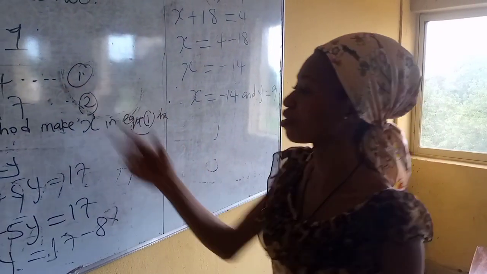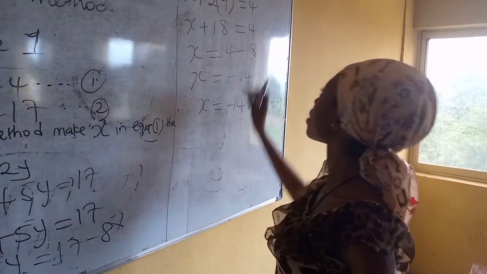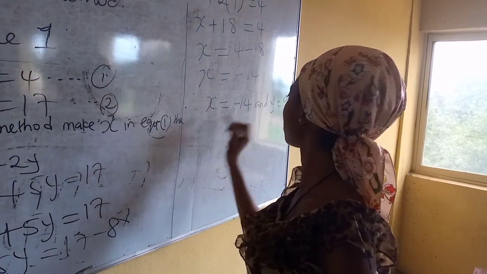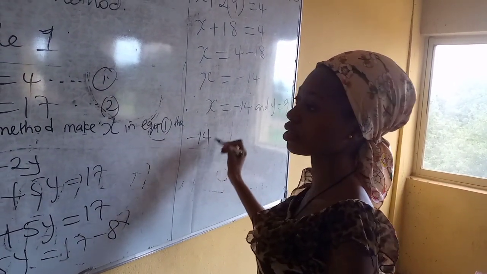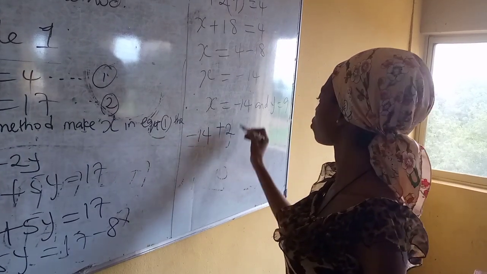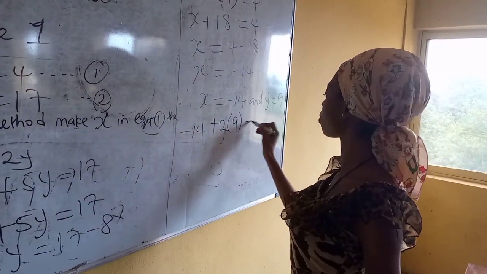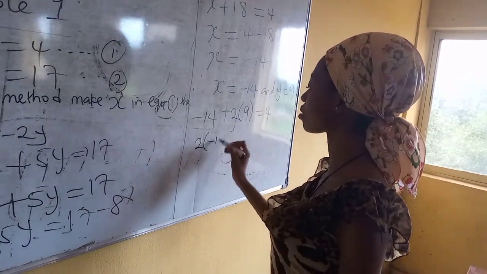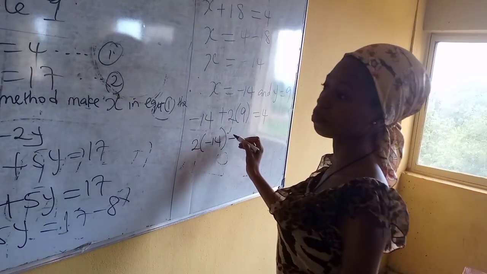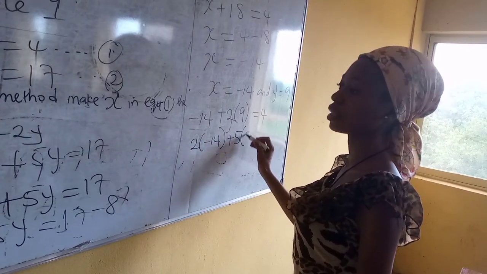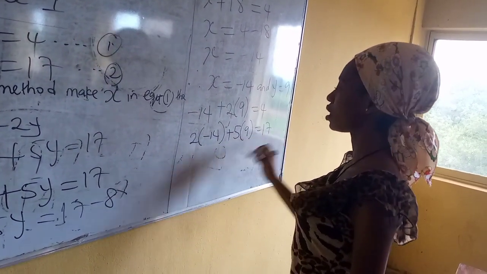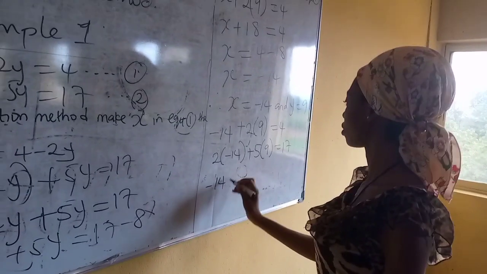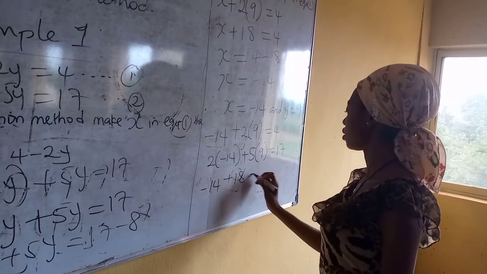Let's check if our solving is correct. Since we have y to be 9 and x to be minus 14, in the first equation we have minus 14 plus 2 into 9 equal to 4. Minus 14 plus 18 equal to 4.